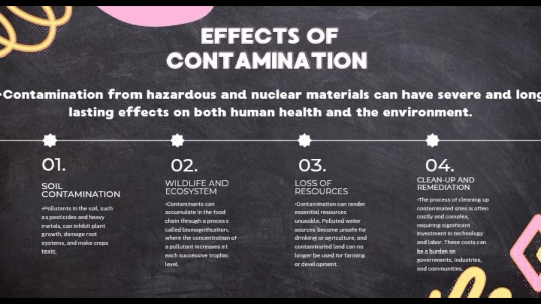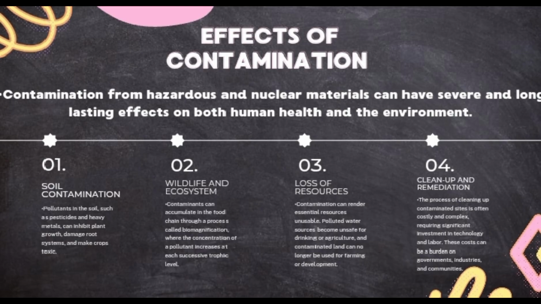Wildlife and ecosystem disruption. Contaminants enter the food chain through a process called biomagnification. It is when small organisms absorb pollutants, and when predators eat them, the toxins accumulate in higher concentrations. This can harm animals and disrupt entire ecosystems.